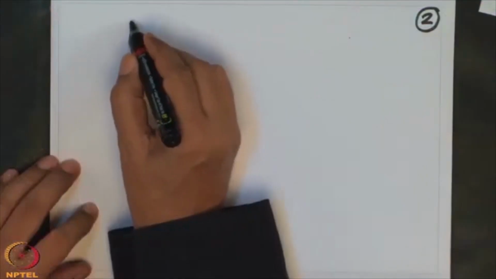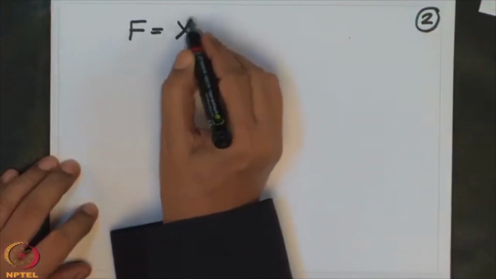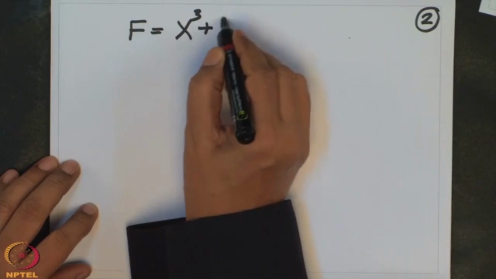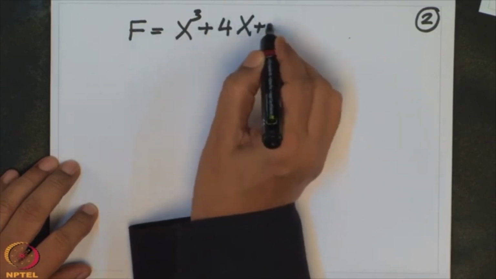Now let us look at at least one cubic polynomial, just a method, and then I will write down a formal criterion. How do you test whether a rational polynomial is prime or not? First let us look at the polynomial f equal to x cubed plus 4x plus 2.